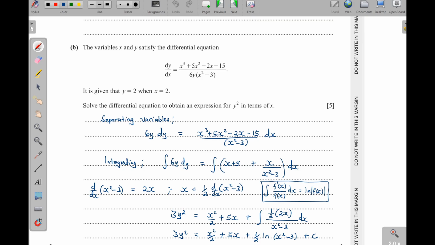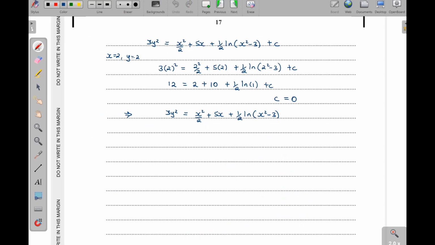Now they said that we obtain an expression for y squared in terms of x. So then what are we going to do? Very simple. Divide all through by 3. So this y squared is going to be equal to the whole of this, then we divide it by 3.